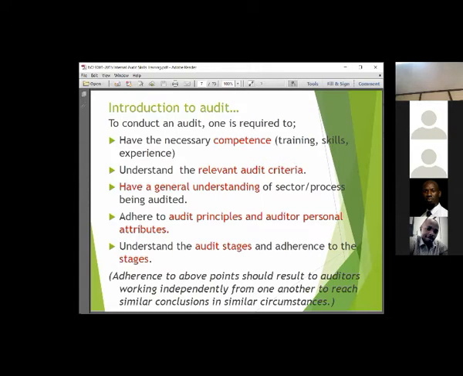So if all of us are competent, we would expect that if auditor A goes to audit underwriting, let's say maybe next week on Wednesday, the conclusion that that auditor will make, let's say he or she will come up with 10 nonconformities.